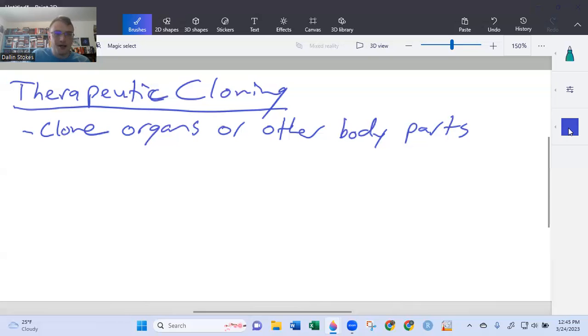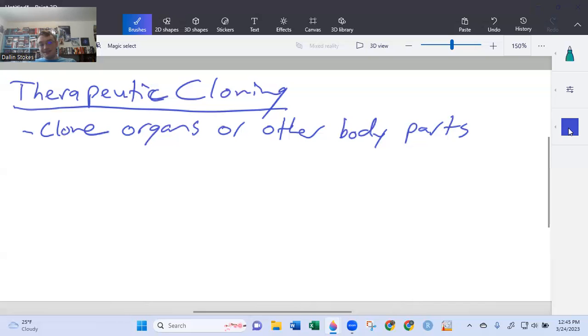Another, less medically relevant application, and this isn't so much a somatic cell nuclear transfer version of therapeutic cloning, but one idea that they've been working on, and it's coming into market now, actually, I saw that they approved it in Singapore a little while back, is lab-grown meat.